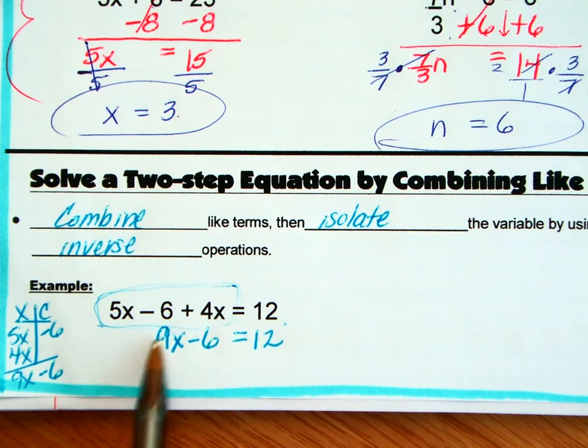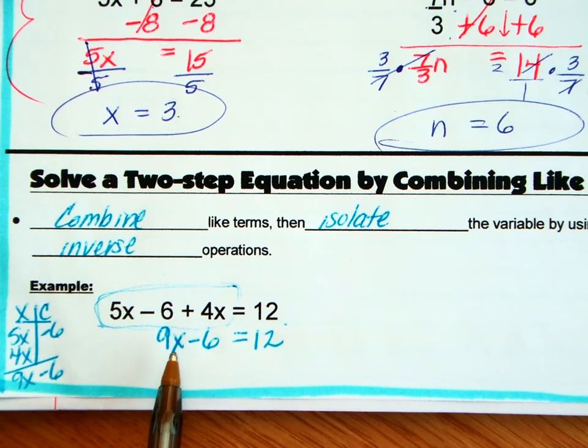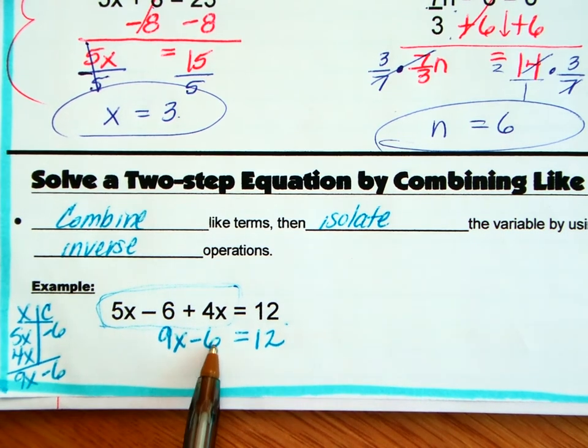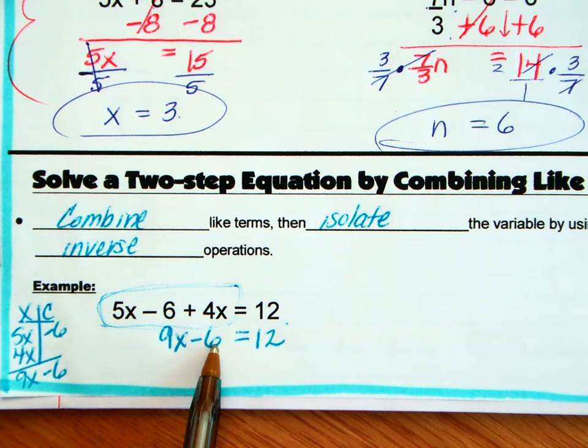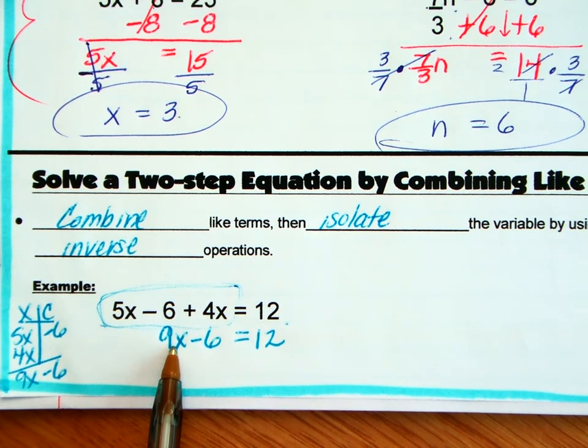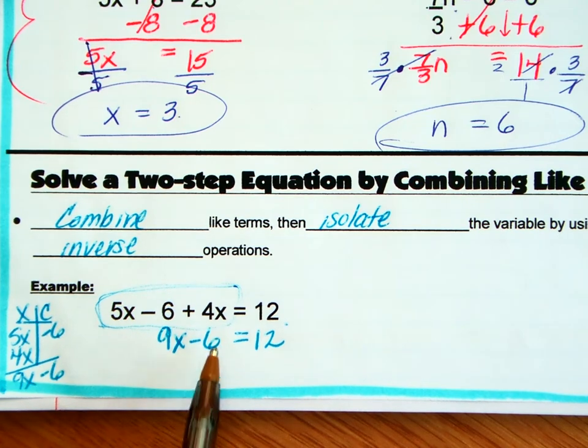Now that you have simplified this side, you can solve for x. 9 times x, take away 6 equals 12. What operations are happening? I see multiplication here and subtraction here. To do the opposite, to get x alone, I would have to do some division and some addition. We're going to start with the addition.